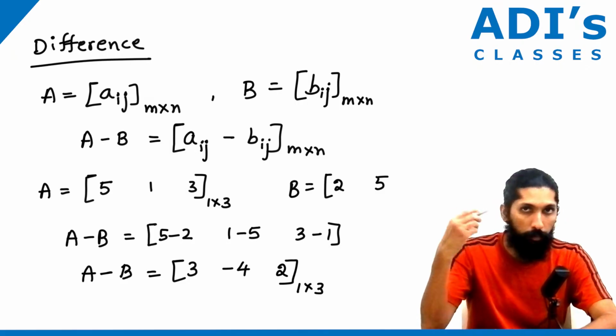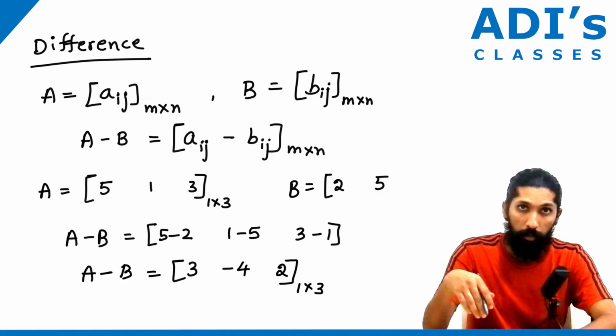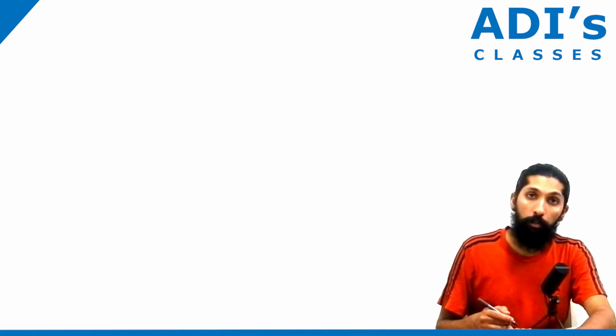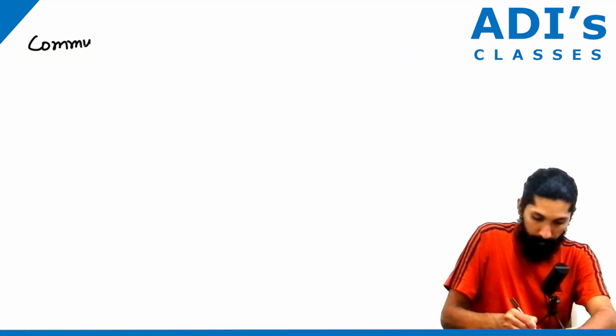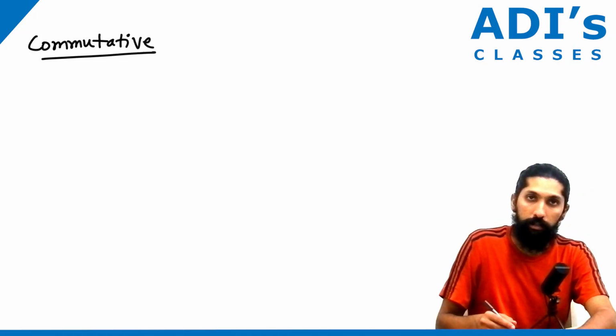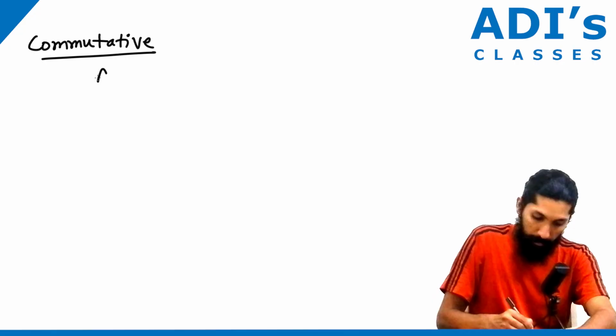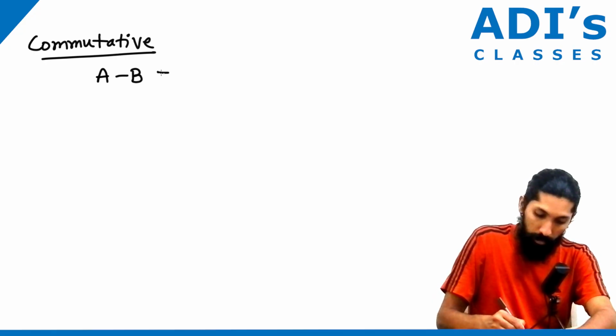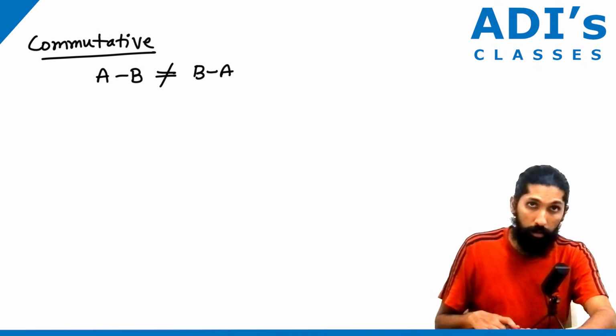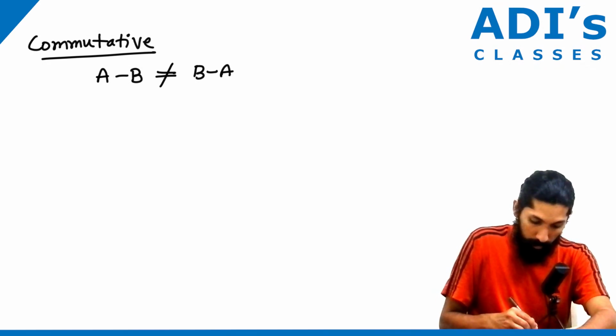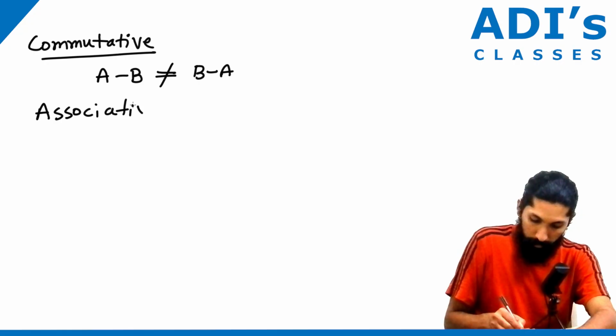Now again we have 4 properties here. Let's look at them. The first one is commutative. It's quite obvious that the difference of matrices is not commutative, in the sense A minus B is not equal to B minus A. Then the associative law.